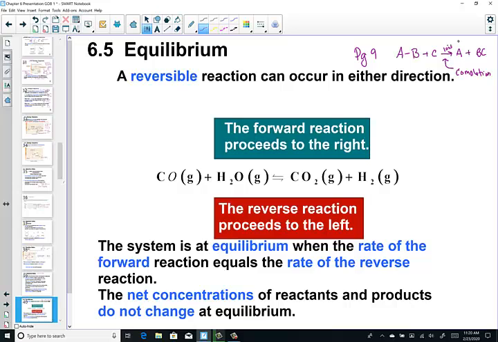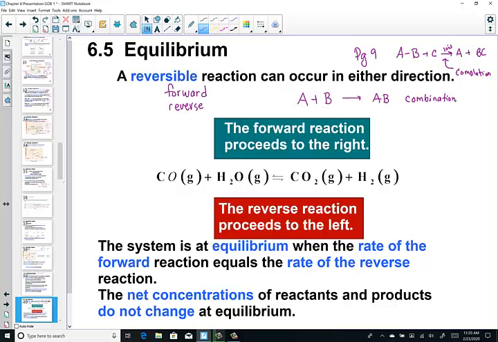But oftentimes, reactions don't do that. Reactions are reversible. We have a forward direction, and at the same time, we have a competing reverse direction. I mentioned to you when we first learned about patterns of chemical change that when we have A plus B forming a compound AB, we called that a combination pattern.